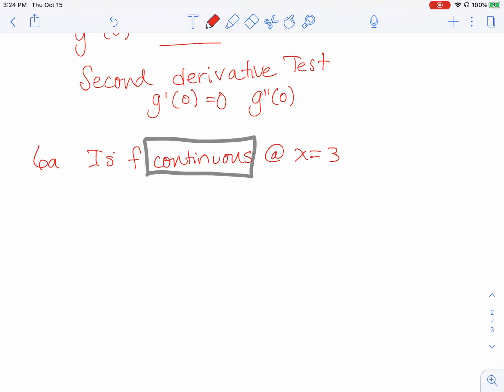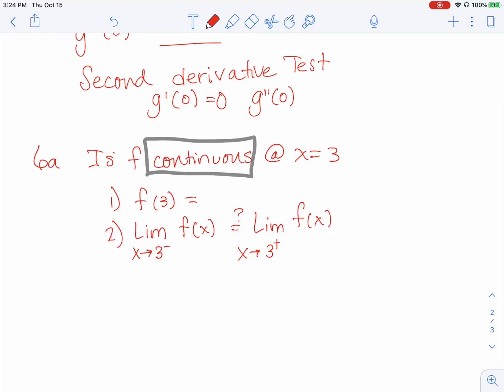So number 1, f of 3. What is f of 3? Is it defined? 2, what is the limit as x approaches 3 from the left? Is that equal to the limit as x approaches 3 from the right? Okay, which means the limit as x approaches 3 of that function is in fact defined.